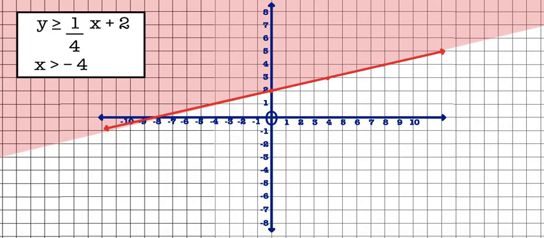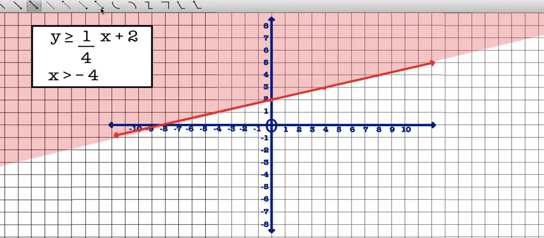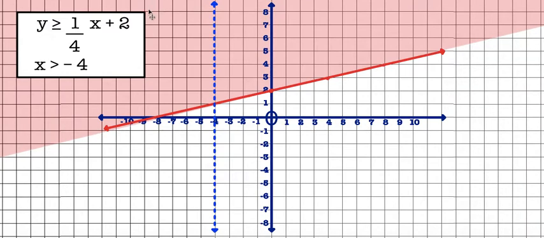And because it's x is greater than, we're going to draw a dashed line. And since x is greater than, all the numbers that are greater than -4 are to the right of this line, so we're going to shade to the right side.